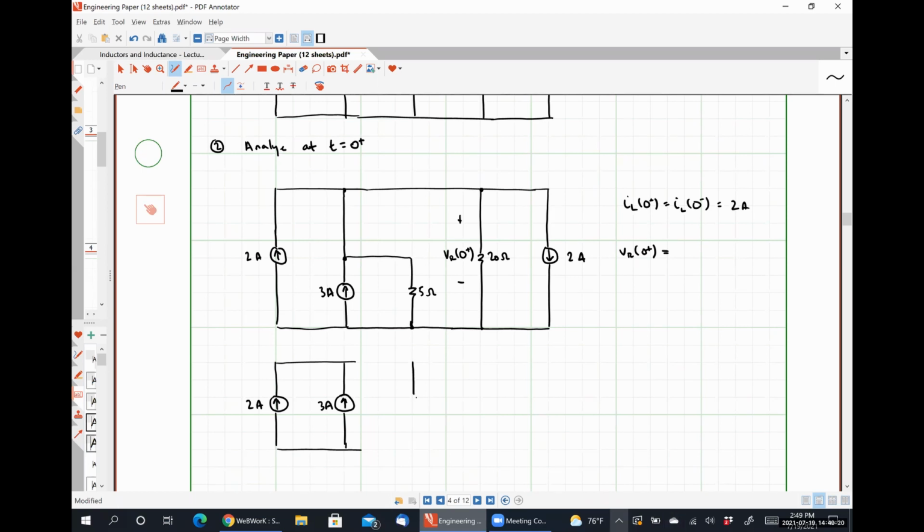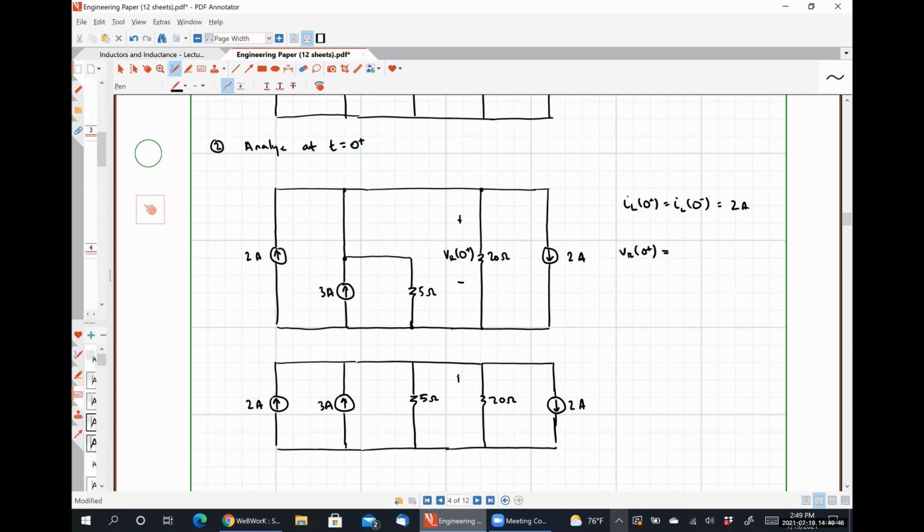My 5 ohm resistor is in parallel. My 20 ohm resistor is in parallel. And then my 2 amp source, direction down, is also in parallel. There are only 2 nodes in our original circuit.